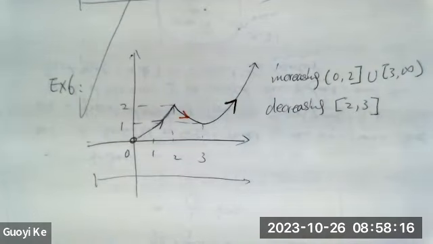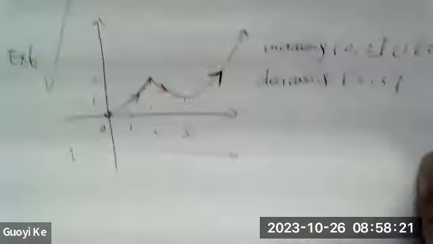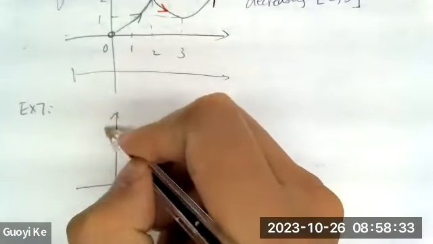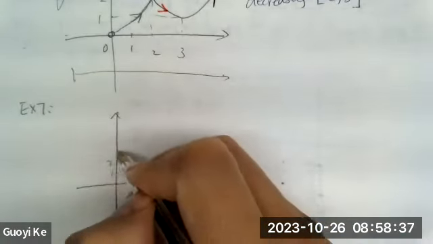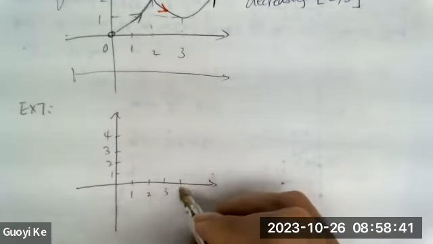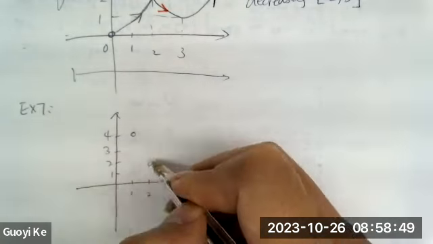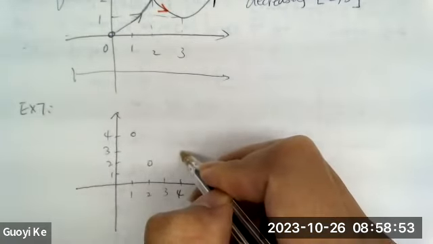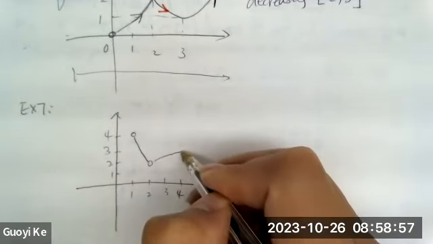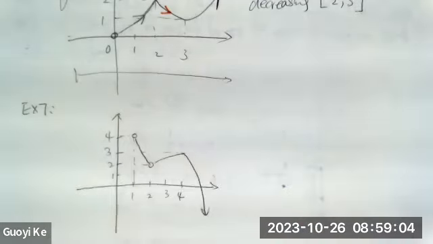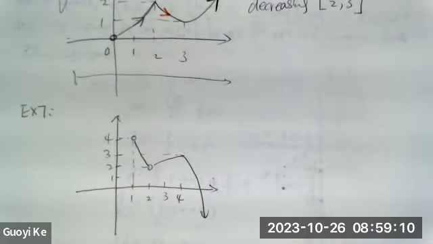Now the last example, I promise you guys, the last example. Example 7. Find increasing, decreasing, constant.